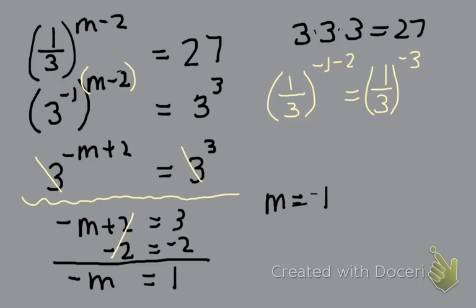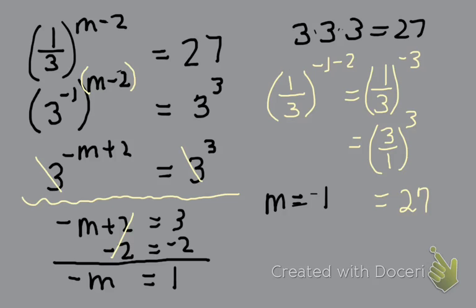If that is a negative, that means I have a reciprocal property. So I'm going to take care of the negative. That becomes really 3/1 then, raised to the 3rd power. So that also gives me 27. So I have this side equal to 27 and the other side equal to 27.